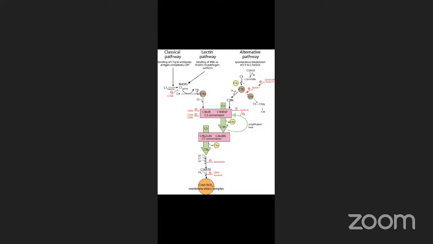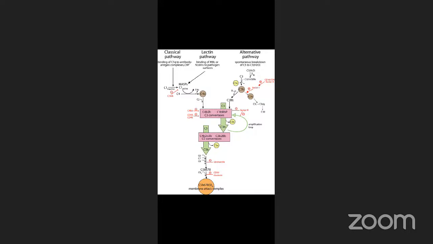Okay, other subunits of the C1 protein. Whenever the antibody antigen complexes are there in our body, the C1 molecule goes and binds with the antibody, especially with the help of the C1q subunit. This binding facilitates the further activation of C1r and C1r2.